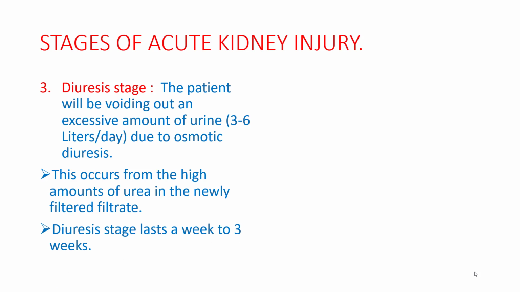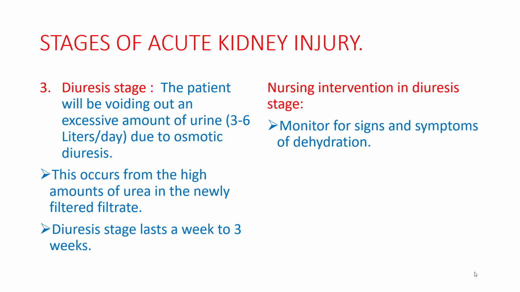This stage, I'm talking about the diuresis stage, tends to last a week to 3 weeks. So nursing intervention in diuresis stage, the nurse should monitor for signs and symptoms of dehydration, and also daily weighing of the patient.